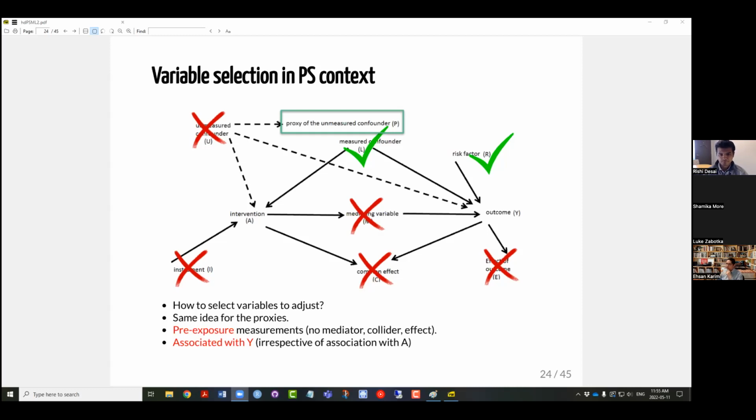The second question was more about the trimming method. Generally speaking, this is an ad hoc method that people use when there are extreme weights or extreme propensity scores in the analysis. But there are some theoretical implications of using these ad hoc methods.